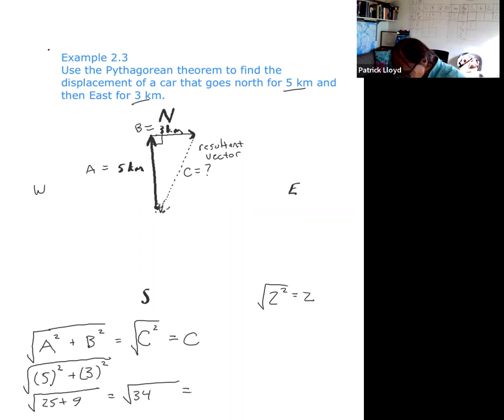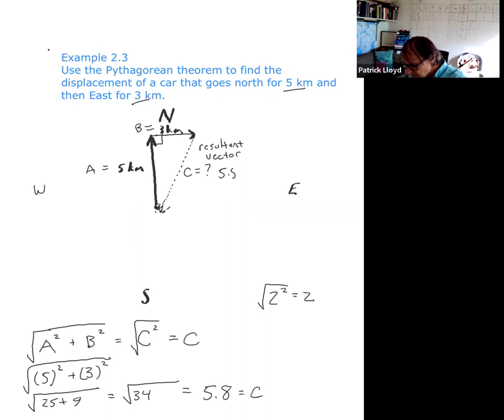So the square root of 34 is a little bit under 6. For that one, you probably want to grab your calculator and take the square root. If it was the square root of 36, that would be 6. That's a perfect square, but this one's not. So the square root of 34 is 5.8. Okay, that's your C. Of course, that's going to be in kilometers.